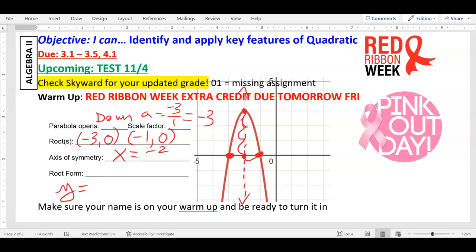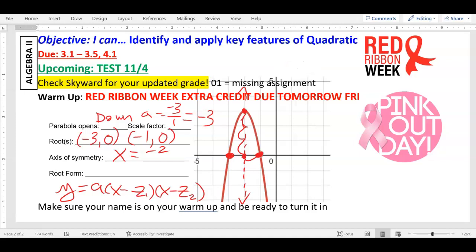The root form is a times (x minus z1) times (x minus z2). So you know it's a z and not a 2 or a funky S, because my z's can sometimes look like my 2's, and I don't want you to be too confused.